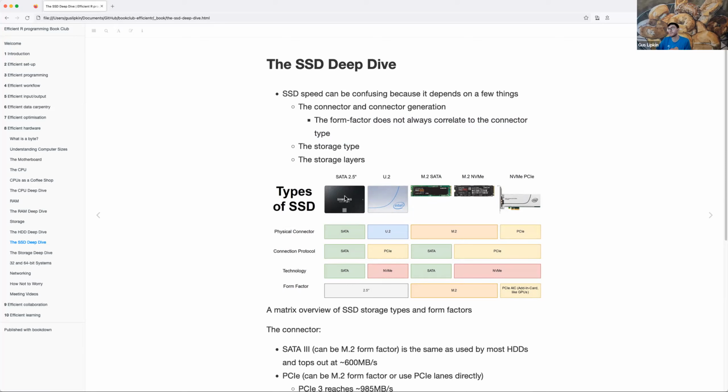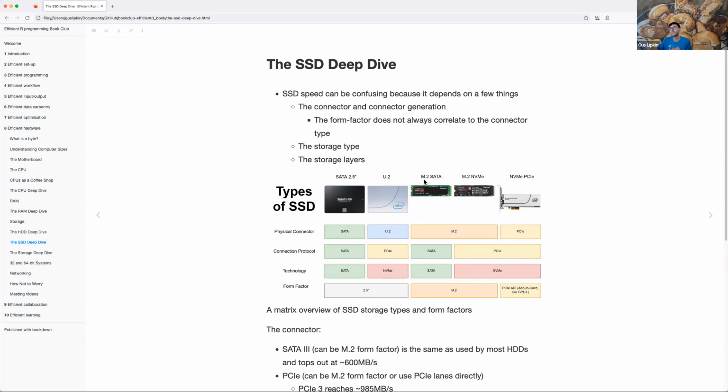And so your traditional 2.5-inch drive, early laptops had 2.5-inch hard drives rather than the older 5.25-inch, I believe, like the really big blocky ones. But these are usually SATA. And then U.2 is very similar, but it uses a much faster connection protocol and storage technology.